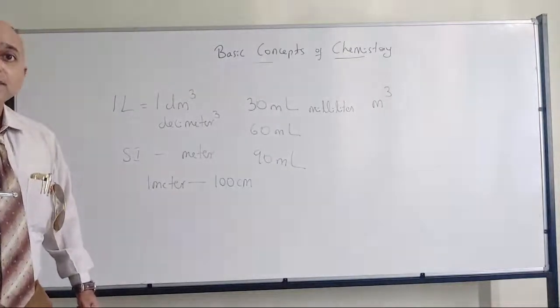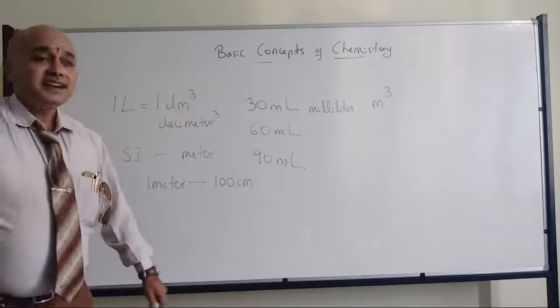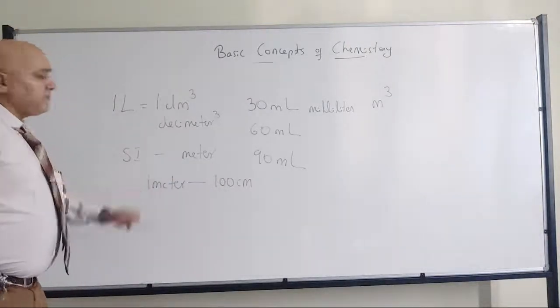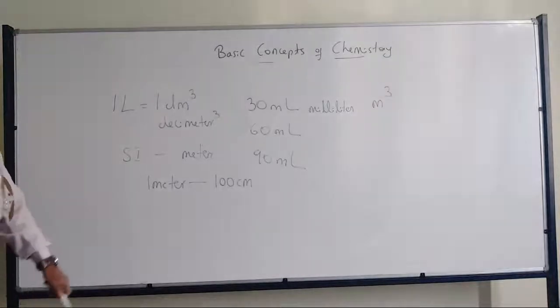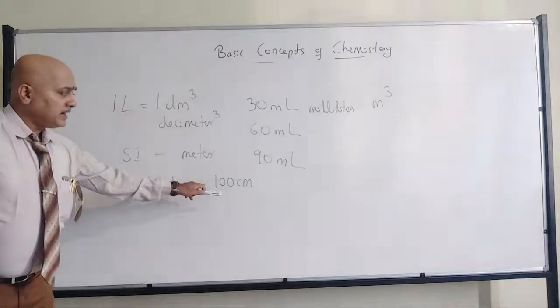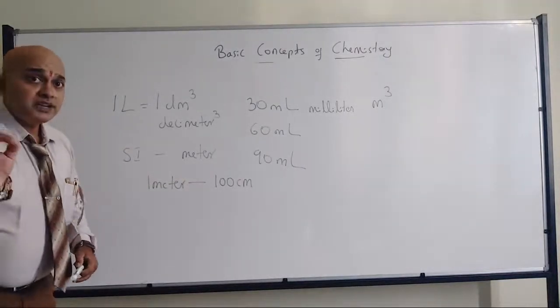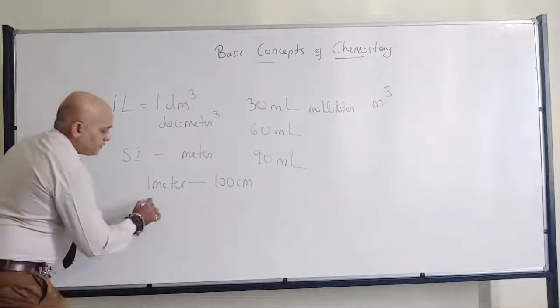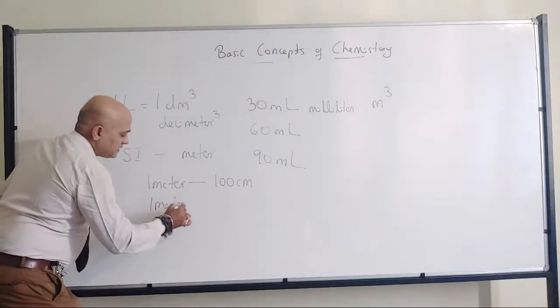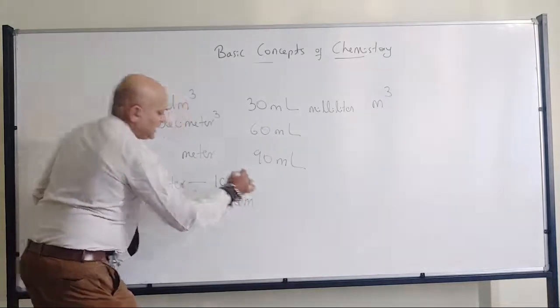1 meter is nothing but 100 centimeter, or I can tell vice versa, 100 centimeter is equal to 1 meter. Anything is fine. Now observe it carefully. 1 meter is equal to 10 to the power of 2 centimeter.